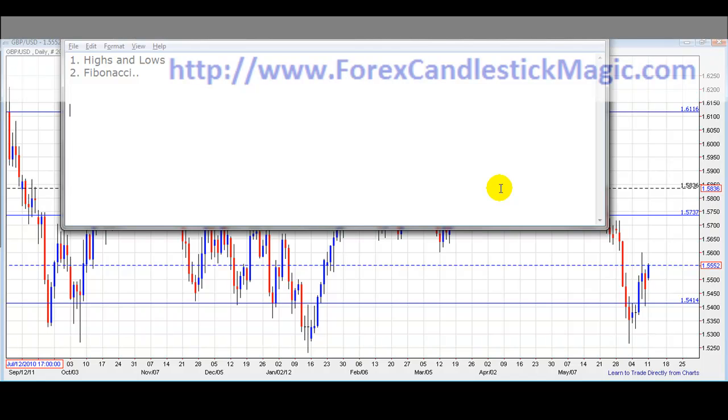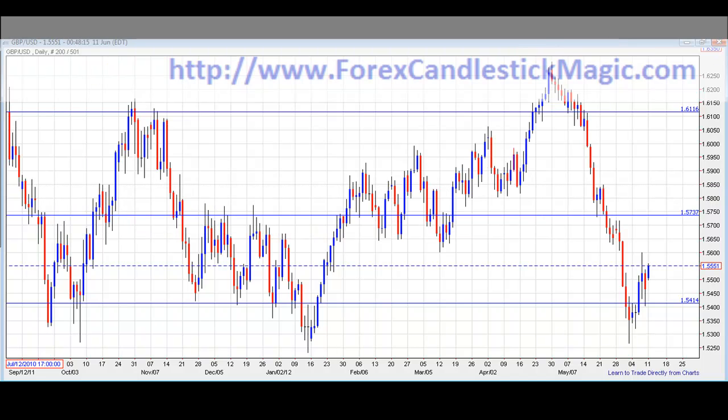Now there can be a lot others like pivot points, then channel bars, and yeah, I think that's pretty much it. But these are the two most prominent support and resistance lines. The ones made by highs and lows, historic highs and lows, and the other is the Fibonacci.